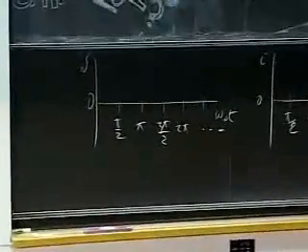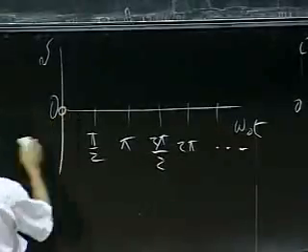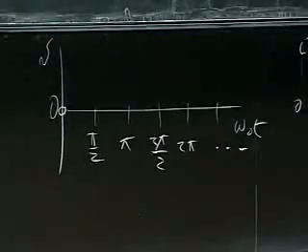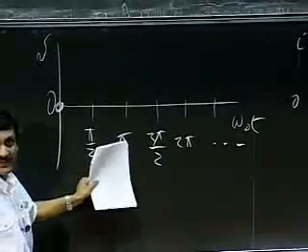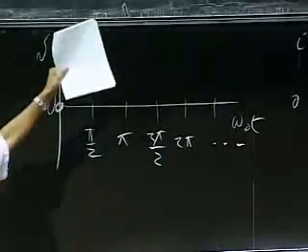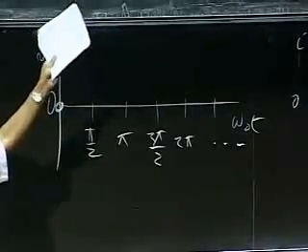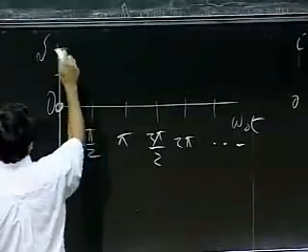Let me plot VI. When time t equals 0, cosine omega t is 1, and so VI minus VI is 0. So it starts out at 0 here, and at pi, cosine omega t is minus 1, so I get plus VI on the other side, and end up at plus 2 VI.